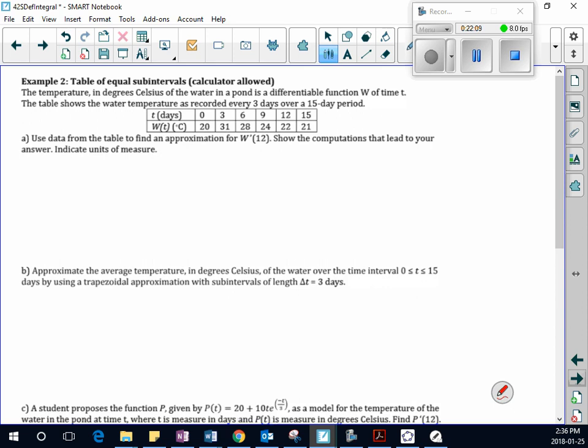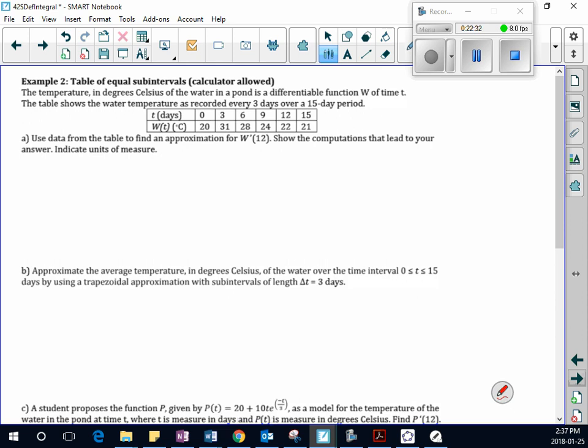Okay, so it says the temperature in degrees Celsius of a water in a pond is differentiable function W of time t. The table shows the water temperature as recorded every 3 days over a 15-day period. So notice that for your independent variable, it's going up by an equal amount.